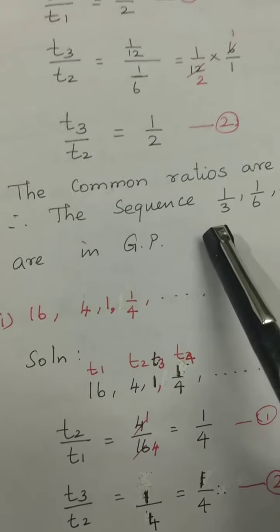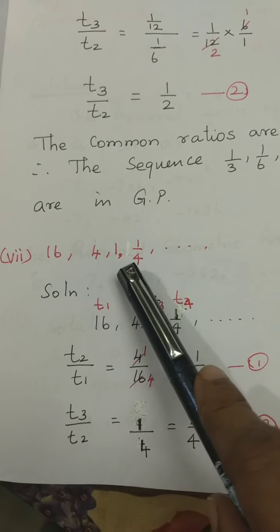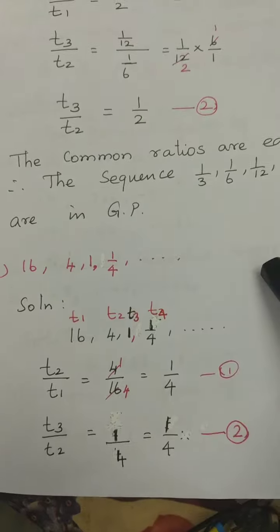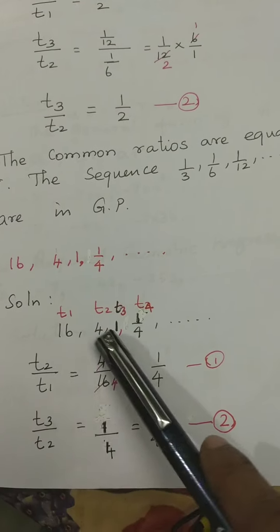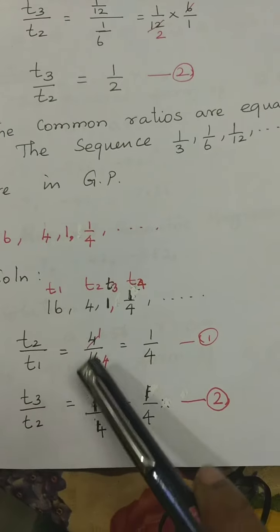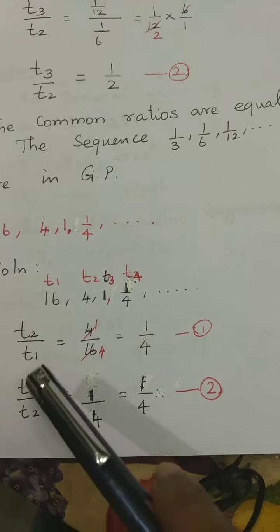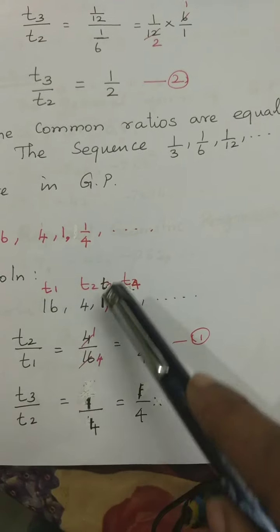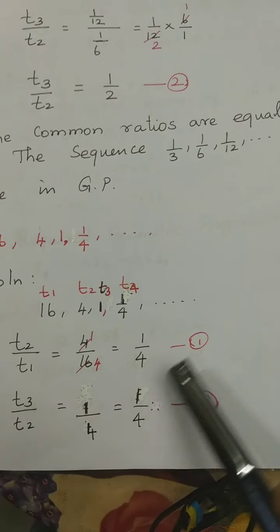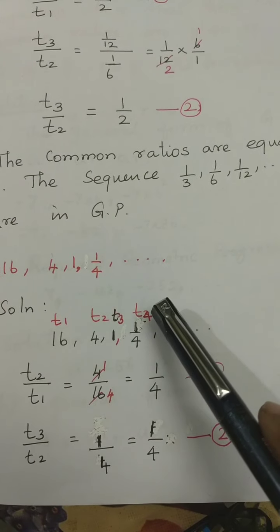Okay. Then the seventh problem. 16, 4, 1, 1 by 4 and so on. We take this as T1, T2, T3 and T4. Then T2 by T1 is 4 by 16. It is 1 by 4. Then T3 by T2, that is 1 by 4 actually. Both are same. Shall see the third one.